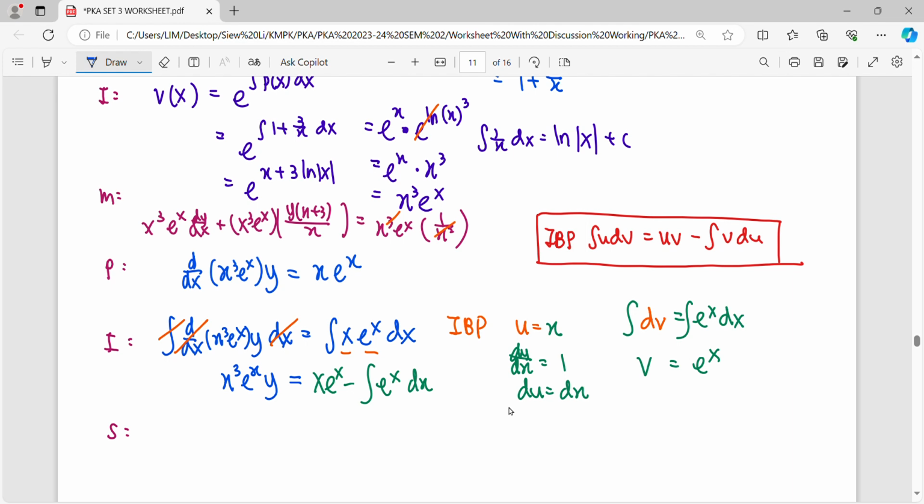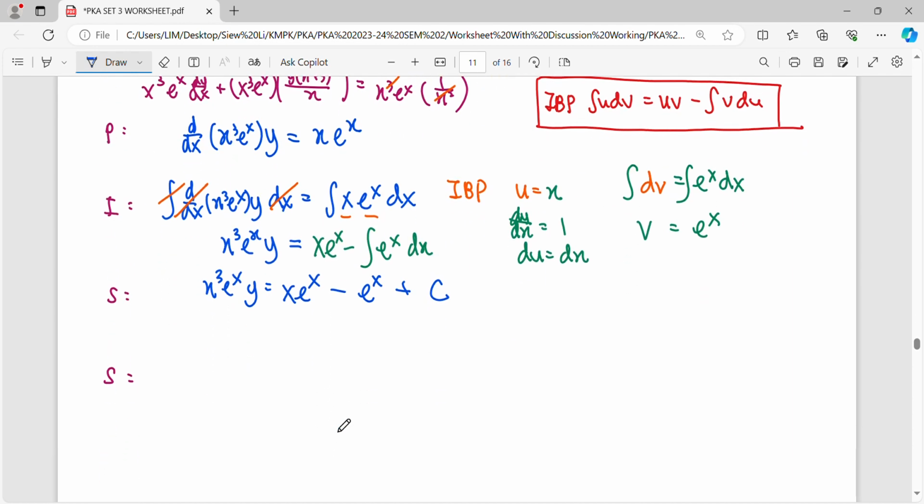Next, we integrate and get to the general solution. To integrate e^x, we get e^x, and then finally only we add c here. When we finish everything with integration, then only we add c.